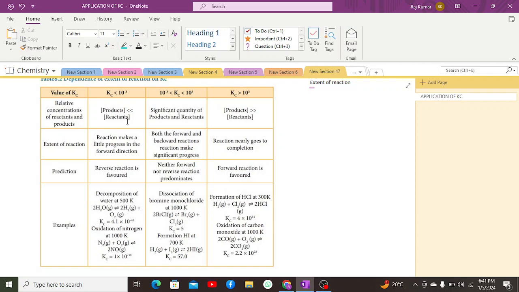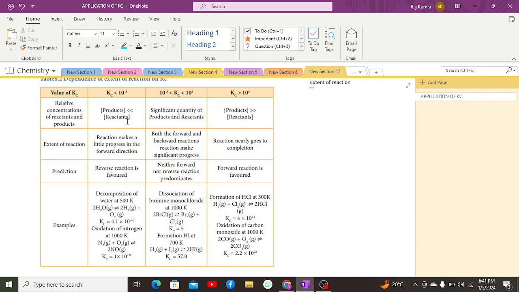As a result, the reaction favors the backward reaction, which means the reaction is virtually incomplete. As it is virtually incomplete, it is supposed to go in the backward direction. Hence there is more tendency for the backward reaction as compared to the forward reaction.